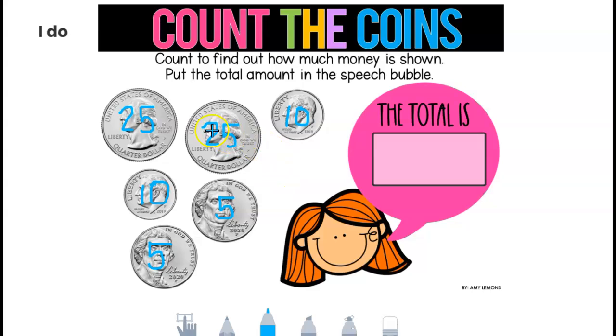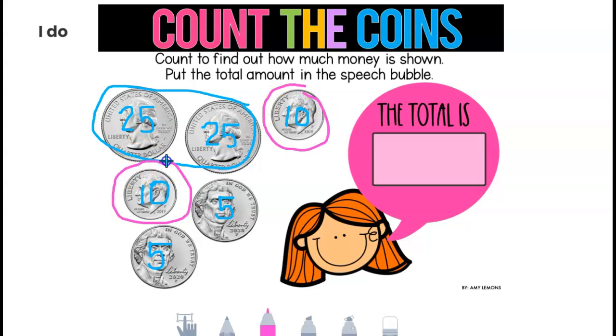So let's start with the coin that is worth the most, and that would be the quarters. If I add these 2 quarters together, I can count by 25s. 25, 50. All right. Now I am going to add on my 2 dimes, so I'm going to count by tens. Remember, this was 50.